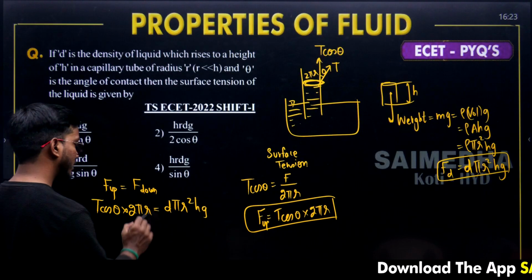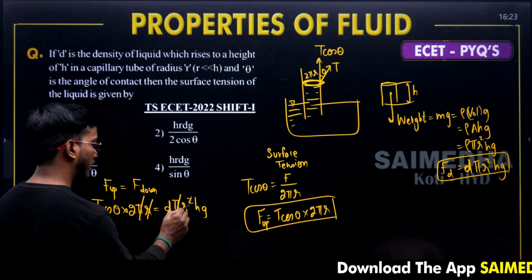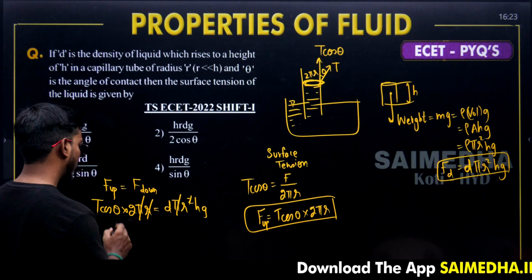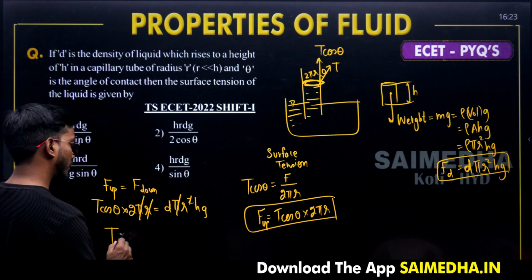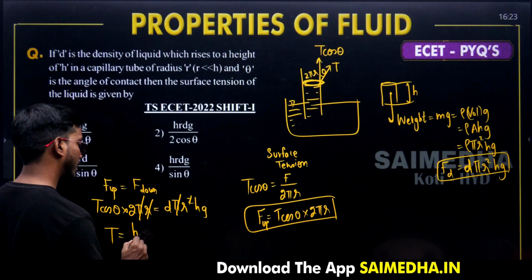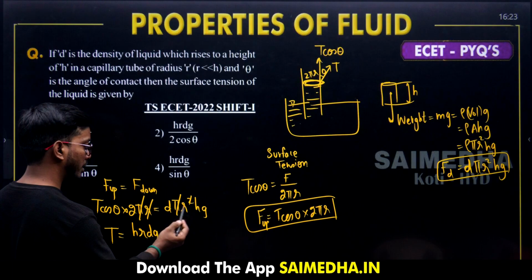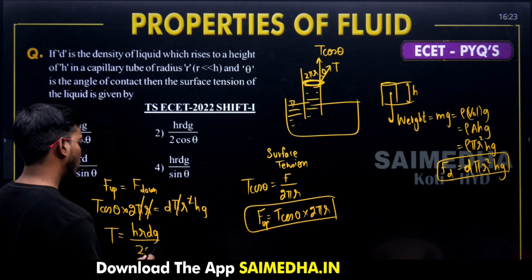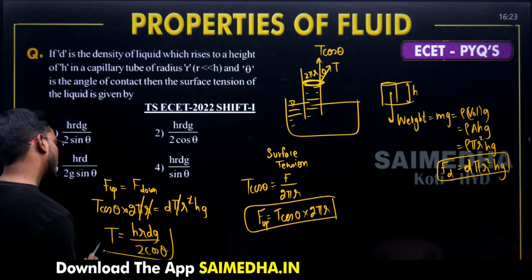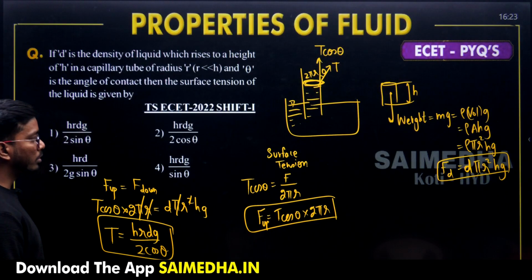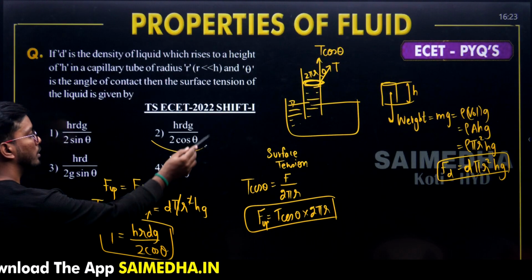So what gets cancelled now? Pi r gets cancelled. Now on the right-hand side, surface tension is equal to h r d g divided by 2 cos theta, which is given in option number 2.